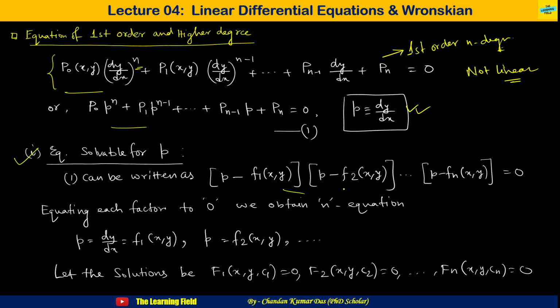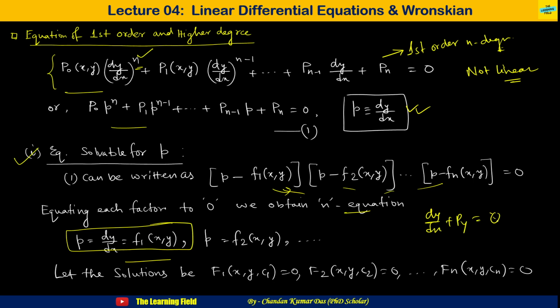We can write this as an nth product because the degree is n, and equating each factor equal to 0, we obtain n equations, and then we solve these n equations one by one, because each is a simple first order differential equation of the form dy/dx + Py = Q. This is very easy, and we can solve it using the integrating factor method, and these are the solutions for the n functions.